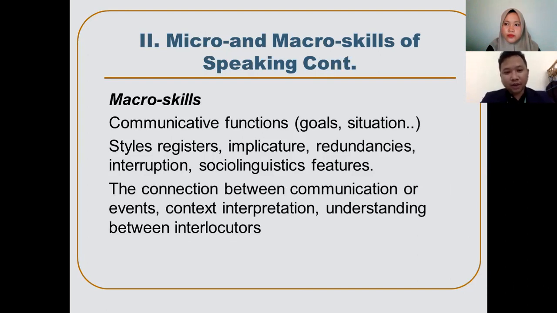So we learn a lot of patterns regarding analysis, like discourse analysis, or the connection between communication and events. In different contexts, we can analyze different functions of communication. The understanding between interlocutors, between speakers, if they understand each other, is the success of communication. So this field is under the umbrella of macro skill. Okay, so next.